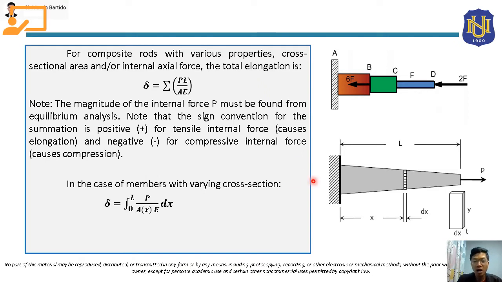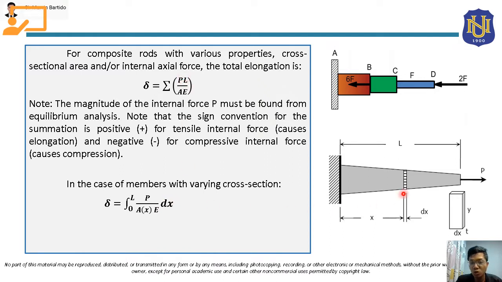For this type of rod, if you are going to solve its elongation, we are going to use still PL over AE, but we are going to incorporate integration here. So as you can see here, this is P dx over A of x E. This is actually the same with this formula also. P and then dx here actually is the length L.